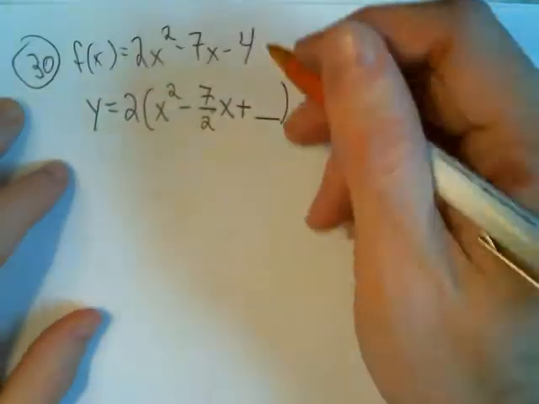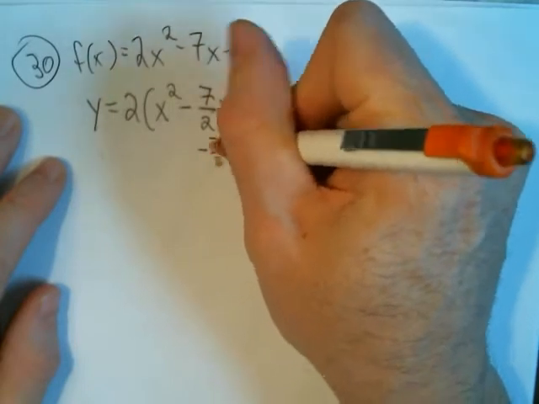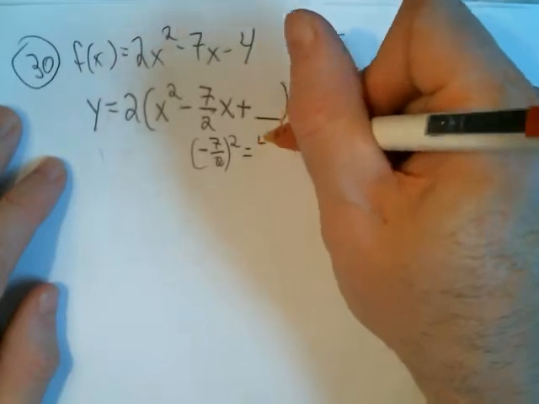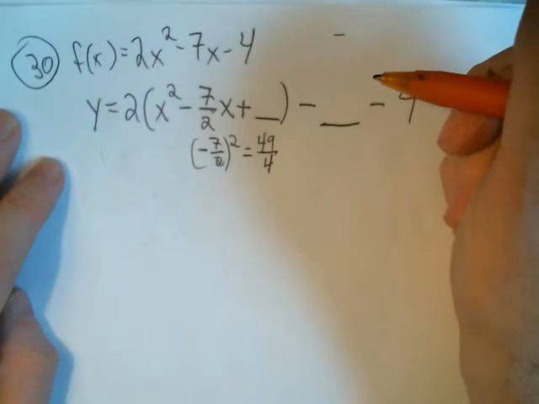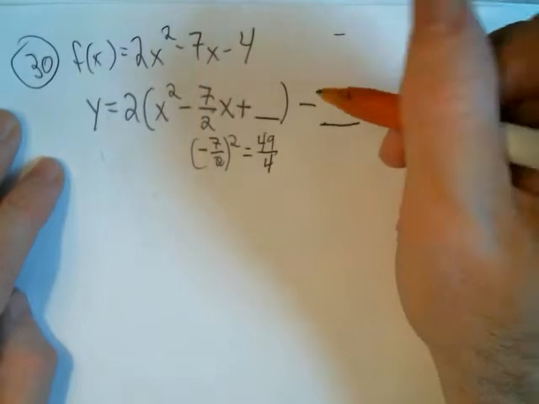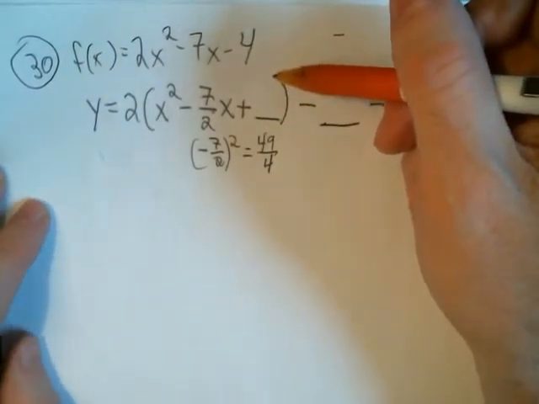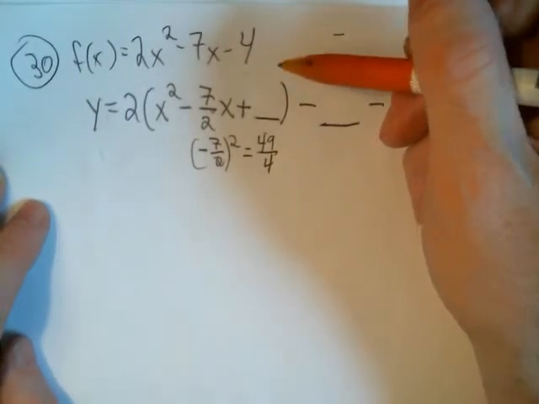The magic number we need to add in is negative 7 halves squared, so that'll be 49 fourths. Oh, did I screw that up? I made a mistake in my notes. The formula is b all over 2, squared.